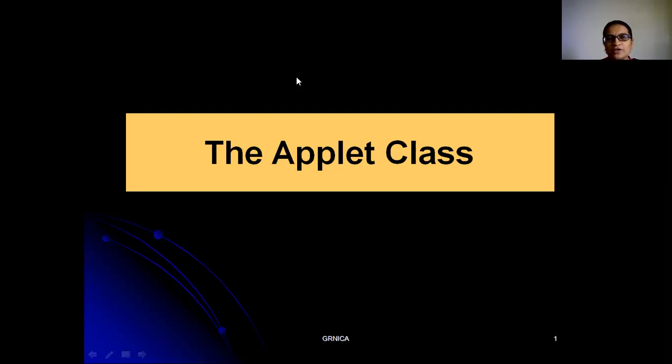If you want text boxes, buttons, or check boxes that you can include within your window or a dialog box, an applet program is going to provide you a graphical user interface that can interact with either the server or the browser. After knowing about the applet class, later we can move on to the event handling concept.